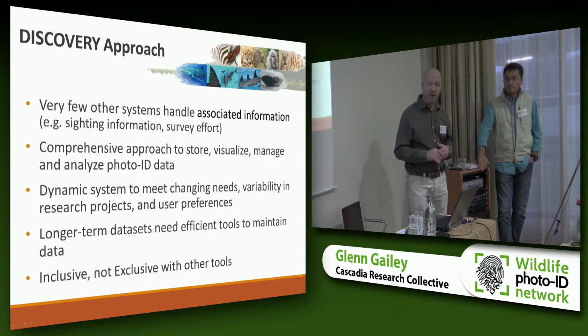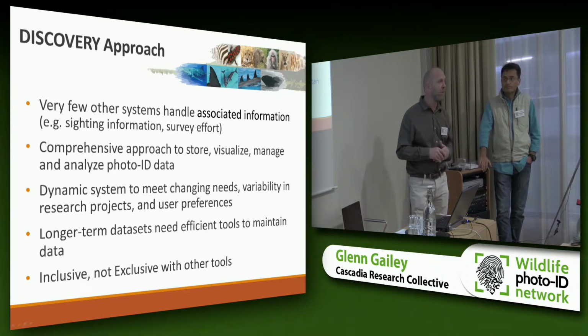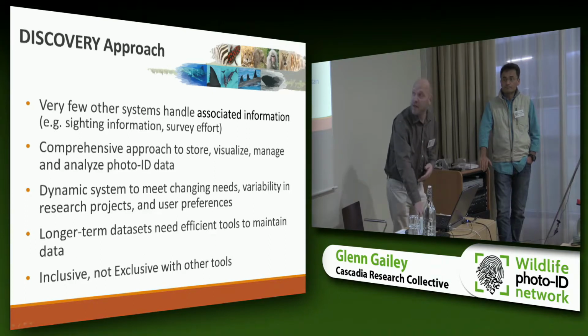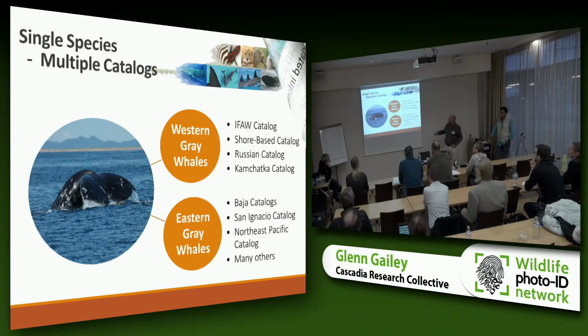As we were creating this, we also realized we don't want to reinvent the wheel. So we tried to be inclusive as much as possible and not exclusive of other tools. We also realized that for one species, there can be multiple catalogs. For example, with gray whales, just on the population of western gray whales, we have 4 different catalogs that we all have to interact with.